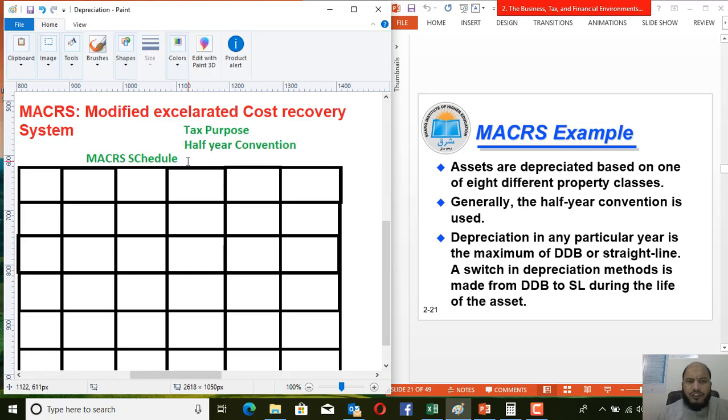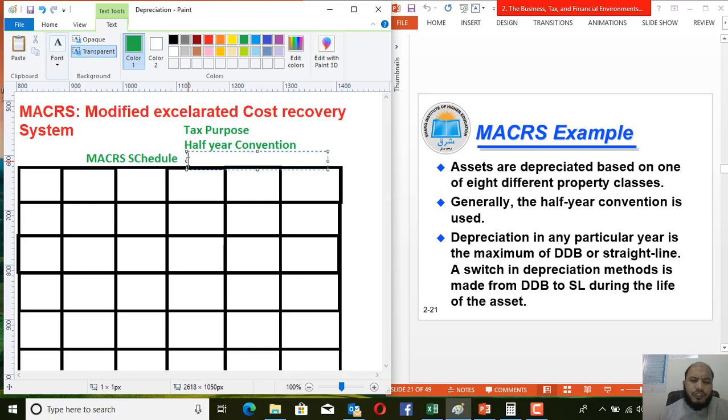Third, if you are calculating depreciation through MACRS, it will give you 1 extra year of rates for calculation purposes. So this is the MACRS benefit, or we may say the definition of MACRS.